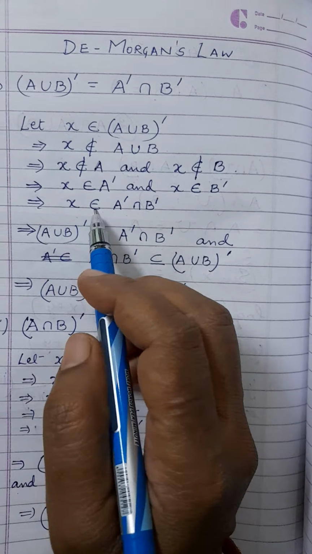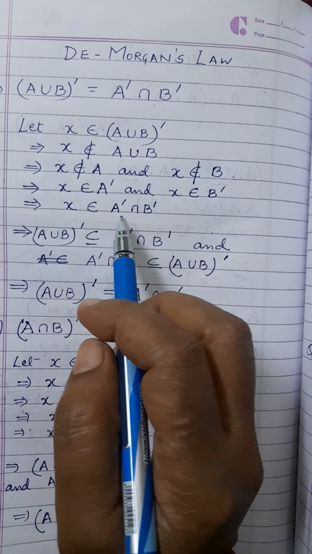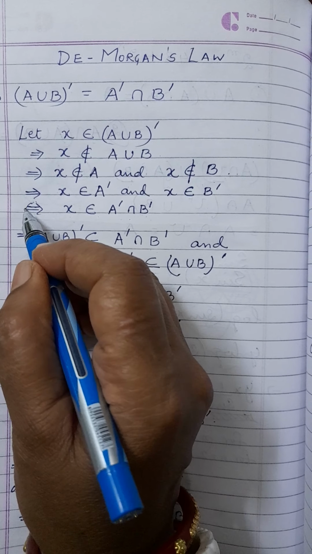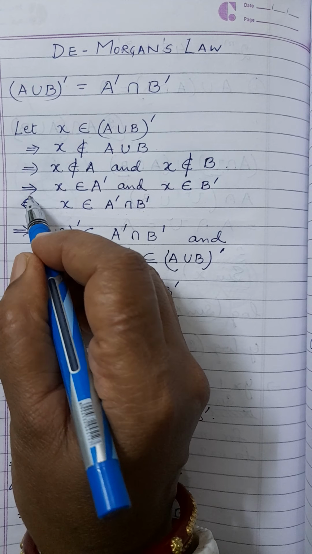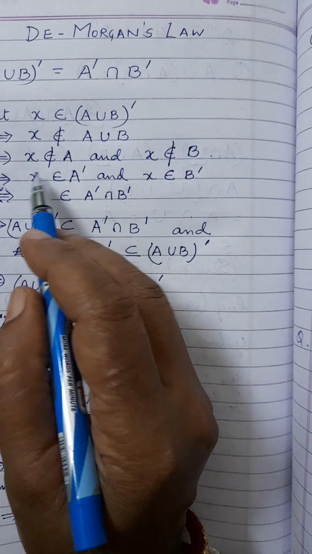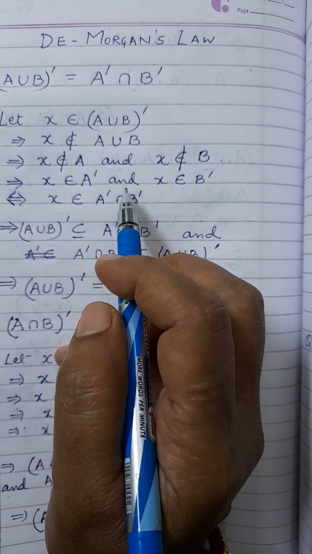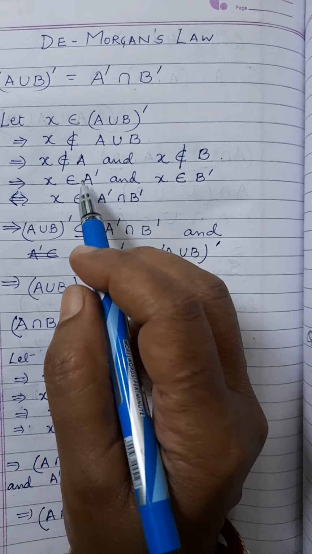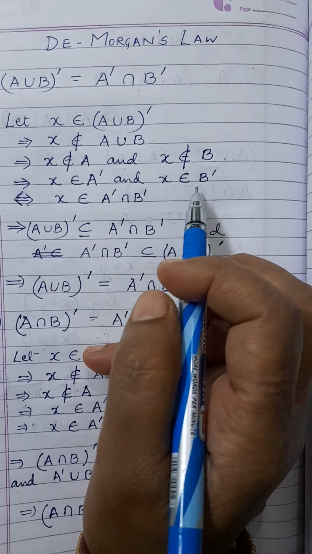X belongs to A' intersection B' implies, now here I will apply the sign of implies, x belongs to A' and x belongs to B'. It is very clear that intersection means 'and'.